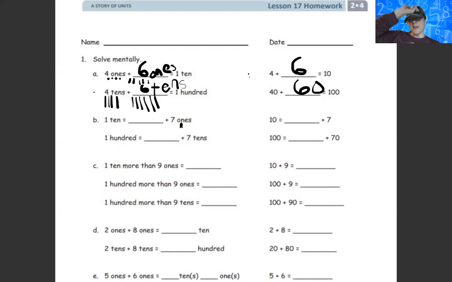Let's see, 7, 8, 9, 10. I added 3. So 7 ones plus 3 ones equals 110. Good work. That's the same as saying 10 equals 3 plus 7.